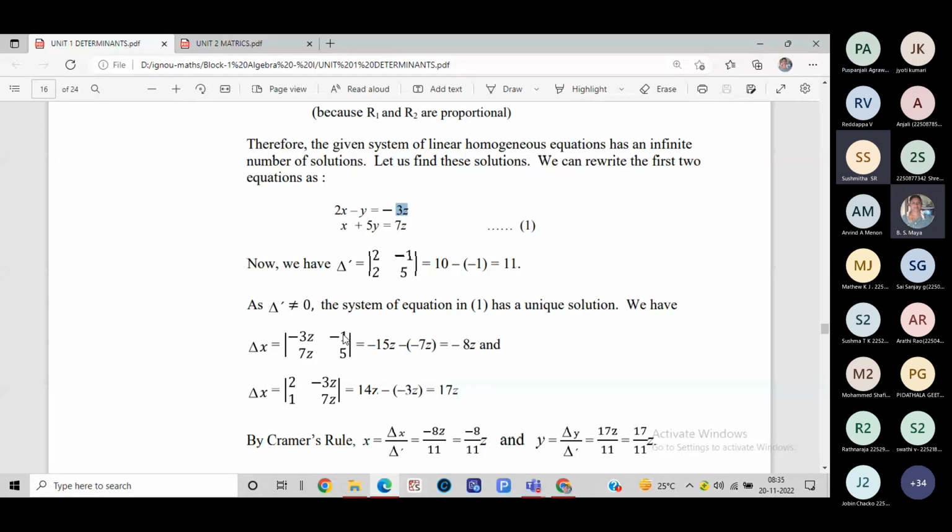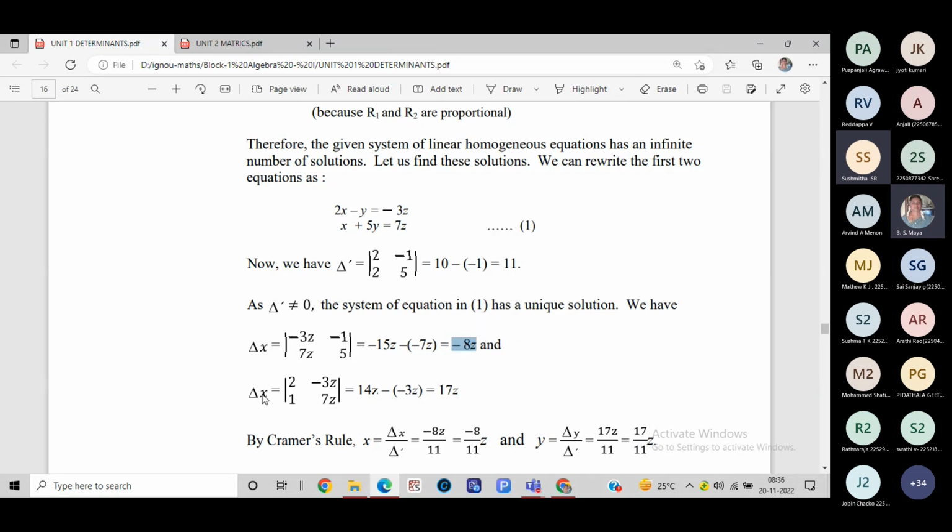Can you find it? 3 fives are 15z, minus into minus plus 7z. 15z plus 7z is 22z? We got minus 8? Minus 8z. So delta x is minus 8z.